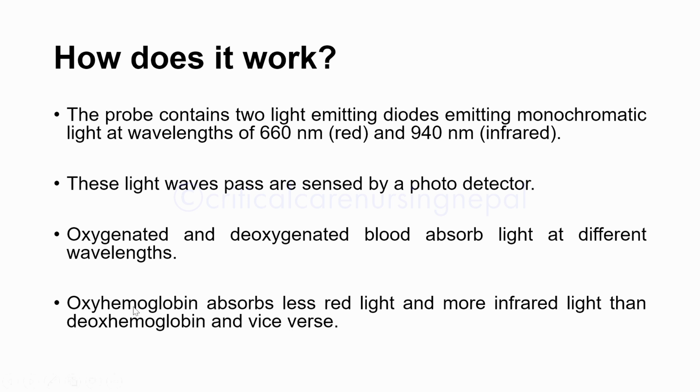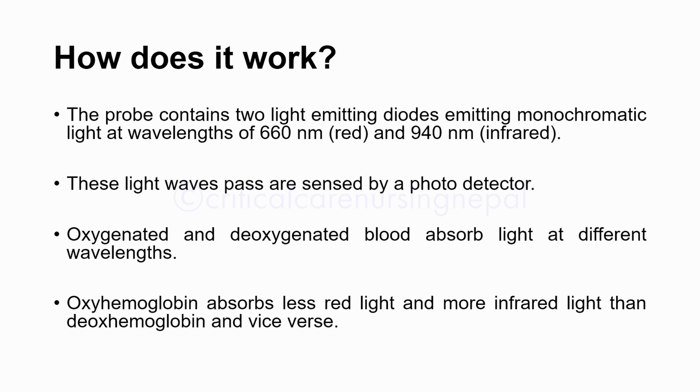Oxyhemoglobin absorbs less red light and more infrared light than deoxyhemoglobin, and vice versa. So here you should understand that oxyhemoglobin absorbs infrared light strongly and red light weakly, and deoxygenated hemoglobin does the opposite.